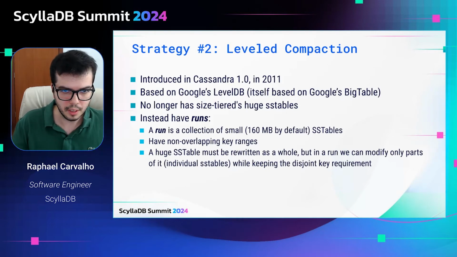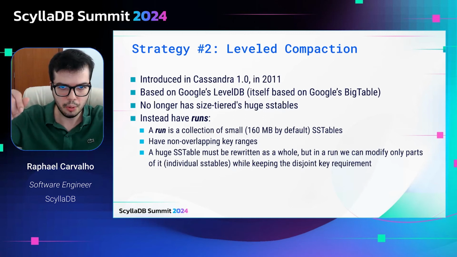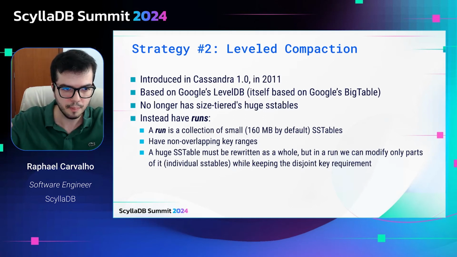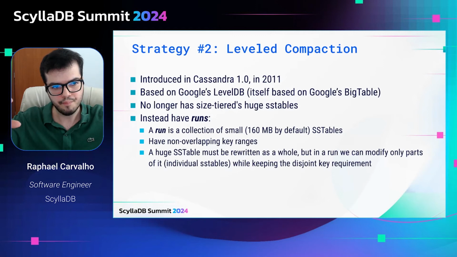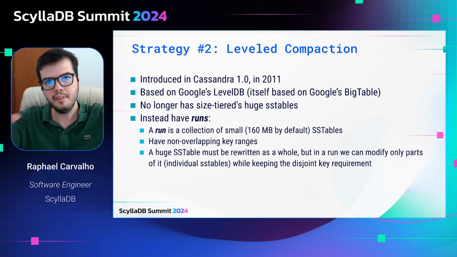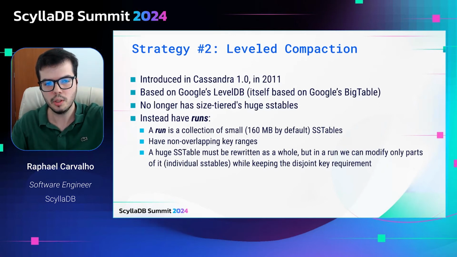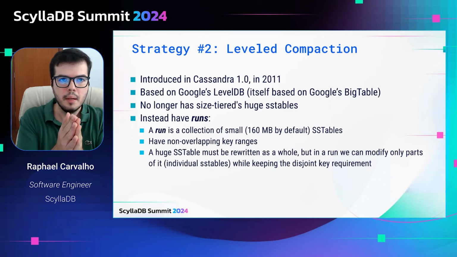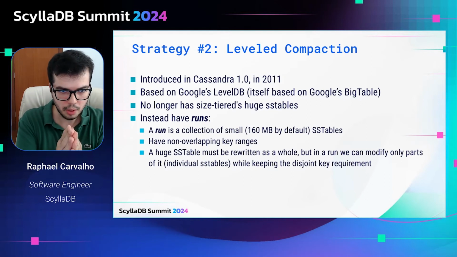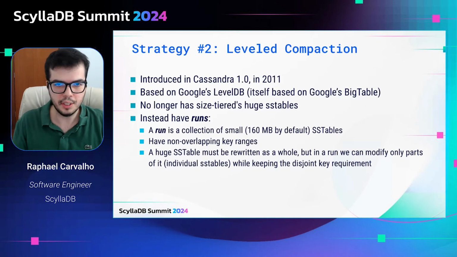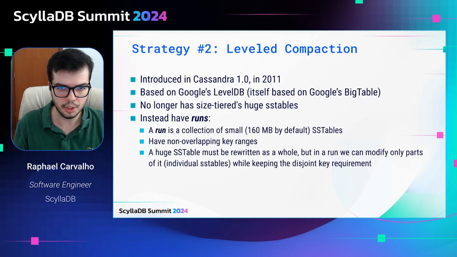Essentially, it breaks the large SS tables into fixed size pieces, and instead of having tiers like in the tiered compaction strategy, you have levels where adjacent levels, for example, level 1 is 10 times bigger than level 0, and so on.